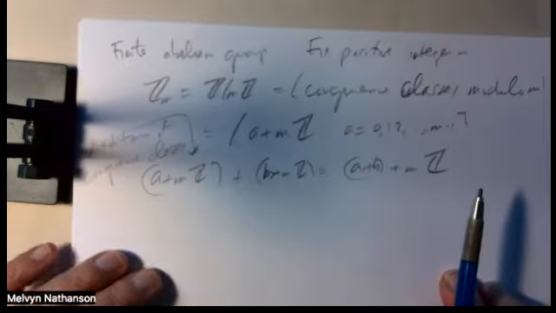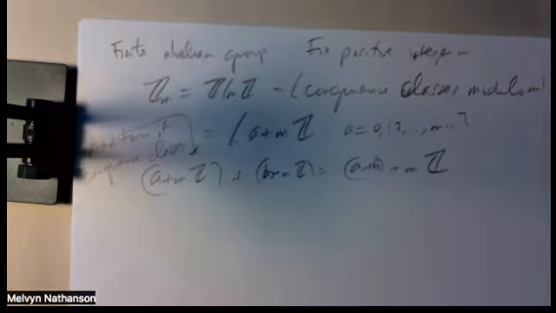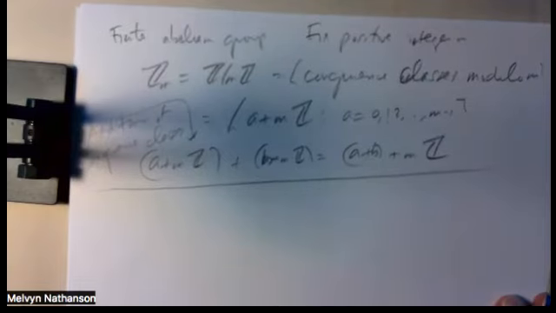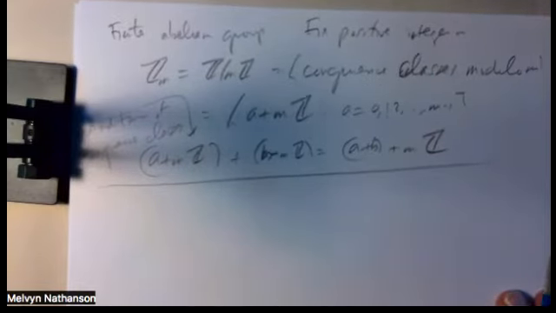We already saw several times that this addition is associative. The congruence class of 0 is the identity under addition, and the inverse of A plus MZ is minus A plus MZ. So this is a finite abelian group. It has exactly M elements. Any questions about this?